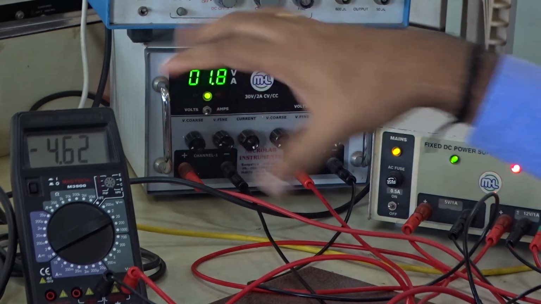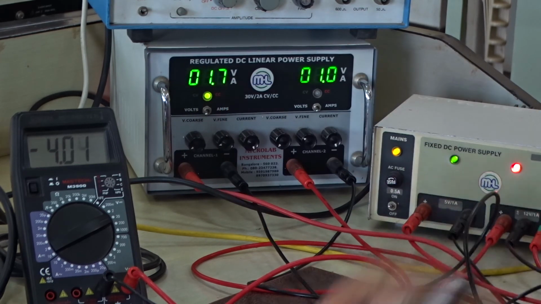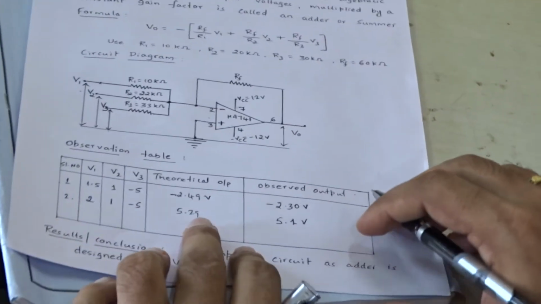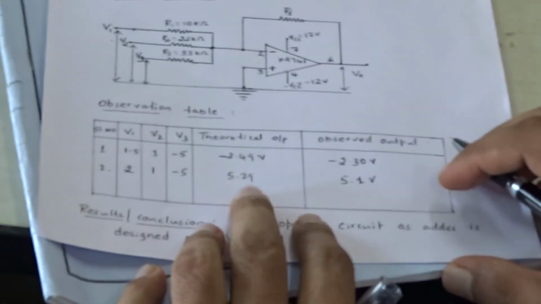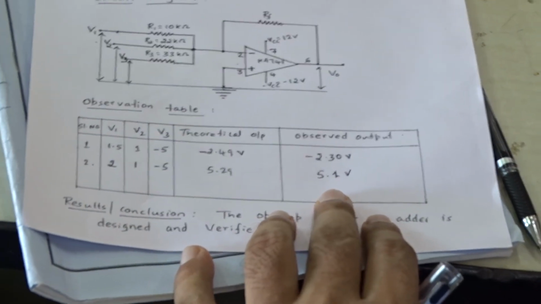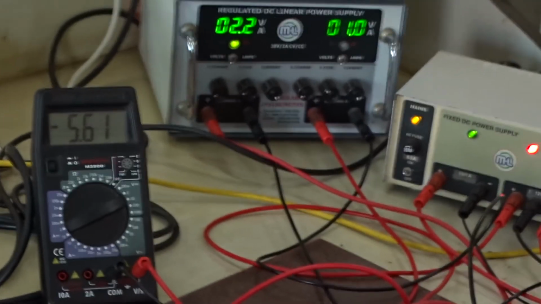You can observe there is some variation. We are expecting a voltage around 5.29, but you get around 5.1 volt or 5.0 volt. So a small variation will be there, we are expecting 5.29, but I am getting around 5.1.